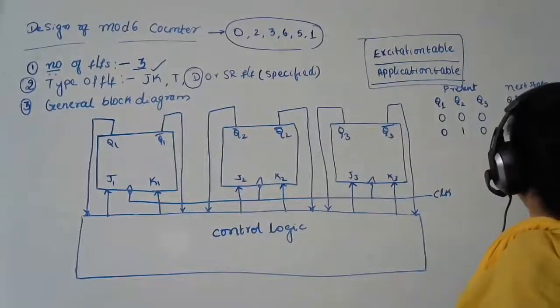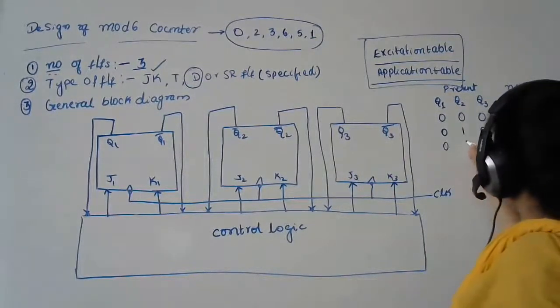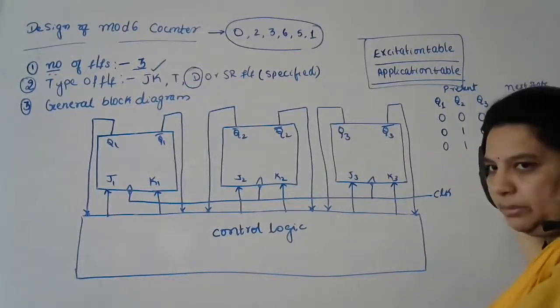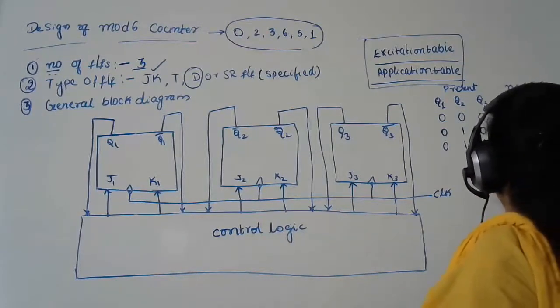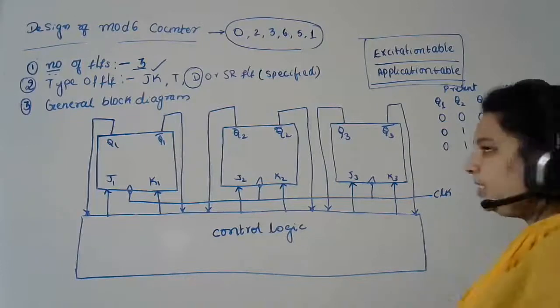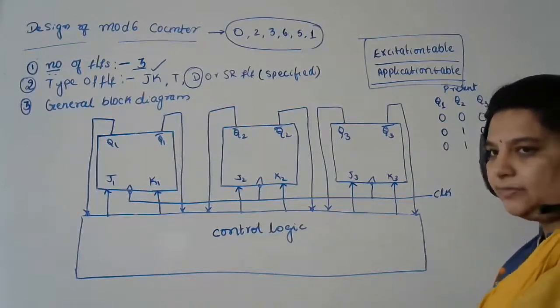If 0, 1, 1 is the present state, that is 3, what should be the next state? 1, 1, 0 should be the next state, that is 6.